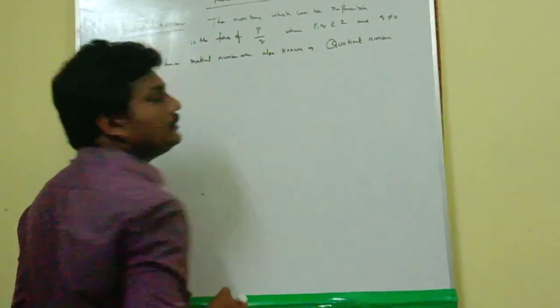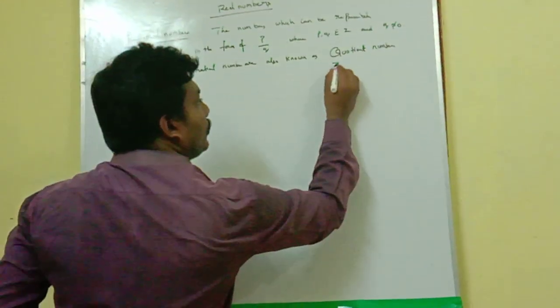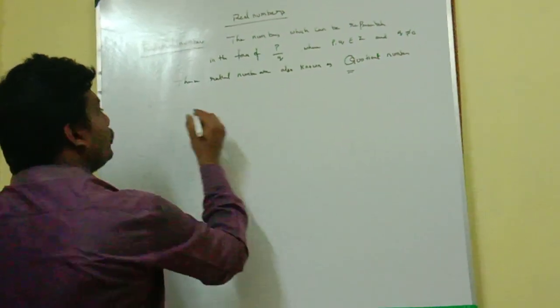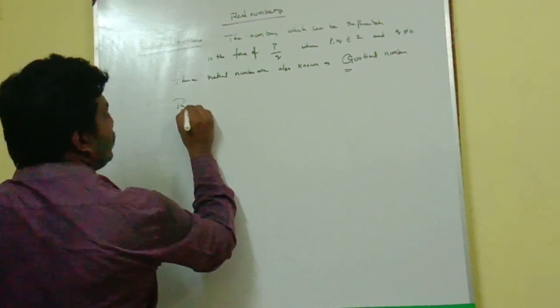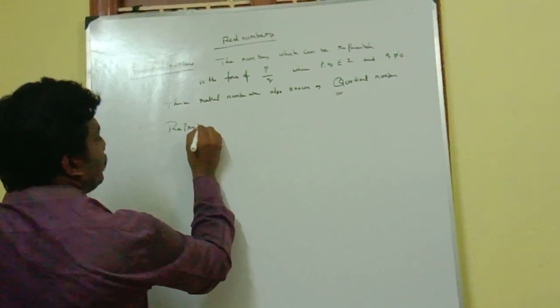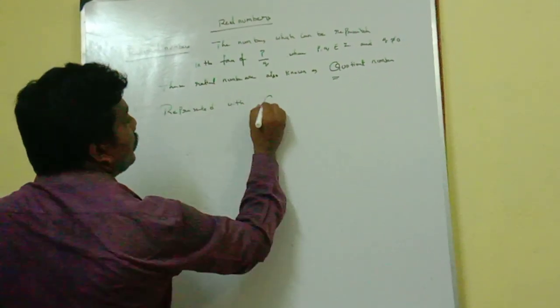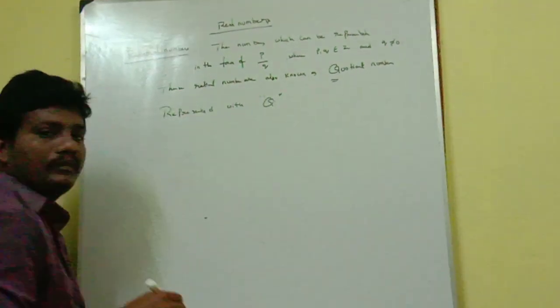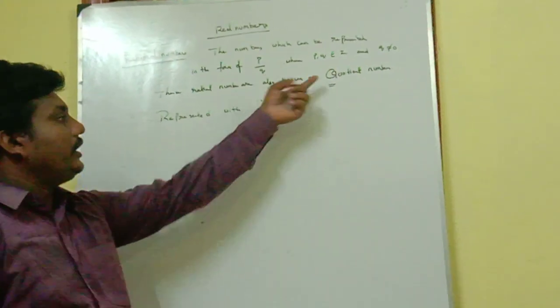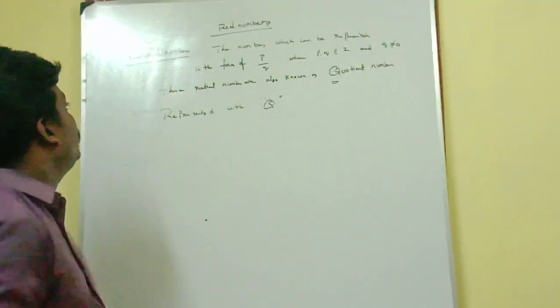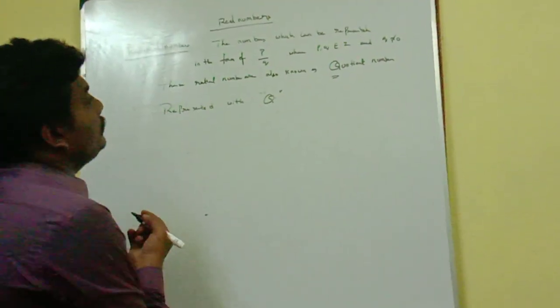That is why these rational numbers are represented with the letter q. So they are also known as quotient numbers, and we represent them with the letter Q. So this is called a rational number.